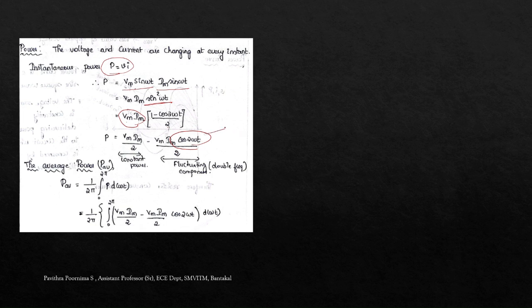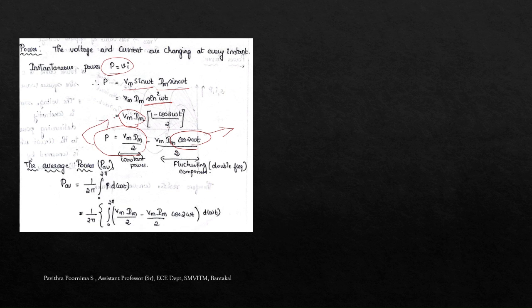The input is just omega t, Vm sin omega t, but here it's 2 omega t, means double frequency. So we are going to neglect this second term, because this is nothing but the fluctuating component, as the frequency is doubled here. And we are going to consider only the first term, which is P equal to Vm Im divided by 2. I hope you understand.